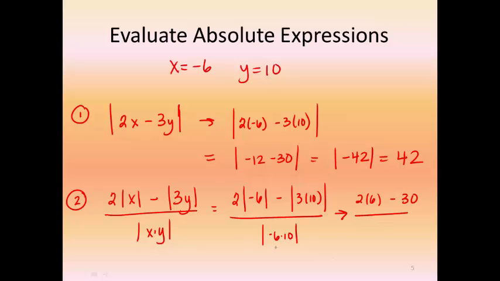And the denominator, since this is -60, but it's the absolute value, it's a +60. If we continue to simplify, I have +12 minus 30, which is -18 over 60. And you can go ahead and reduce that value by dividing them both by 6. If you divide them both by 6, I get 3 over 10, and it is negative.